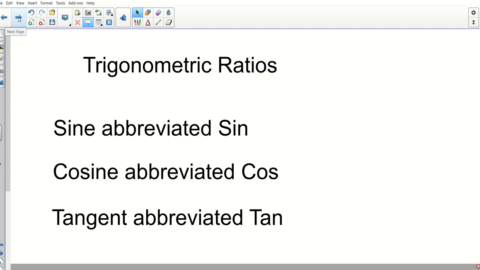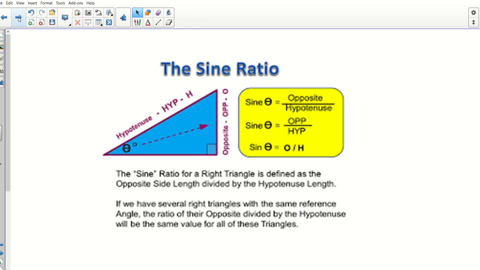These ratios are derived from certain sides of the triangle. Let's look at the sine ratio first. The sine ratio is comprised of the opposite side and the hypotenuse. Based on our reference angle, in this case the Greek letter theta, the sine of theta is the opposite side divided by the hypotenuse.